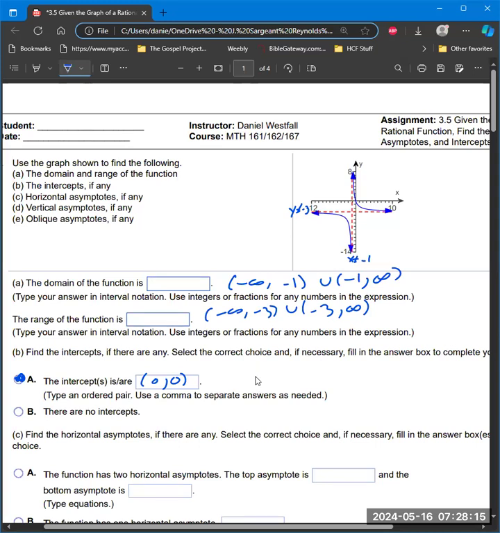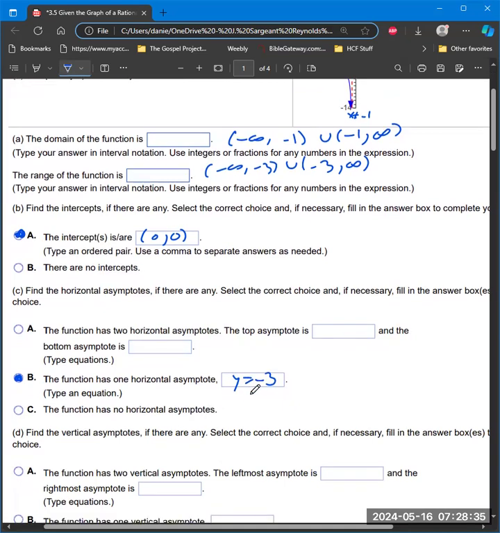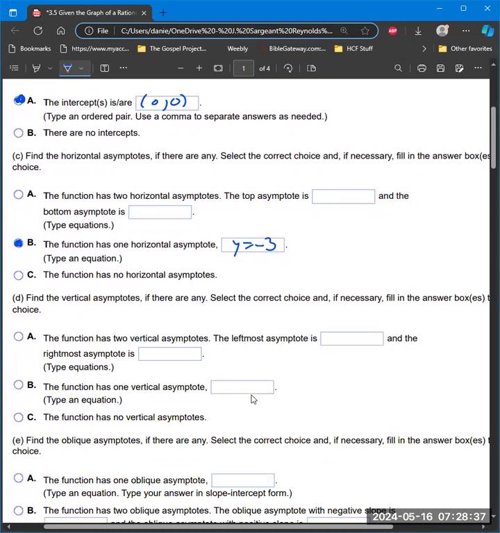The horizontal asymptote we already found is y equals -3. There's only one of them. One horizontal asymptote, y equals -3. And vertical asymptote, there's only one of them at x equals -1.